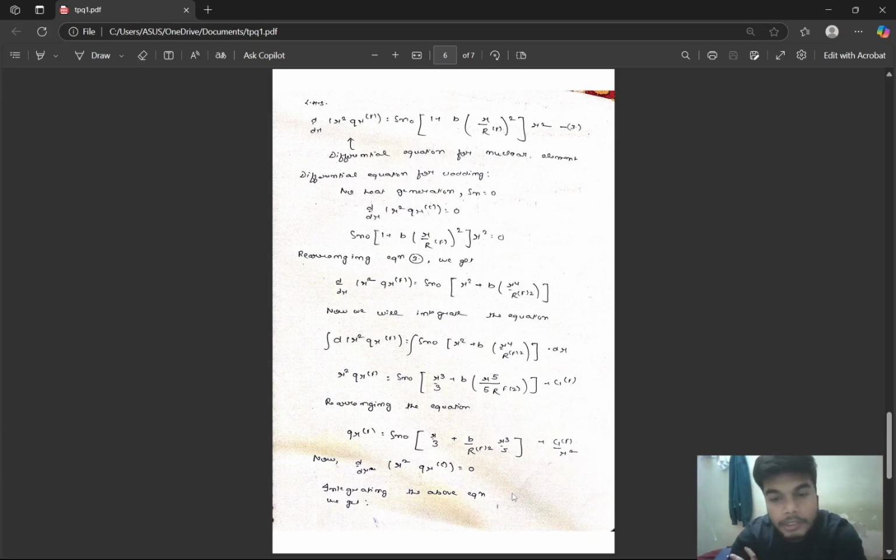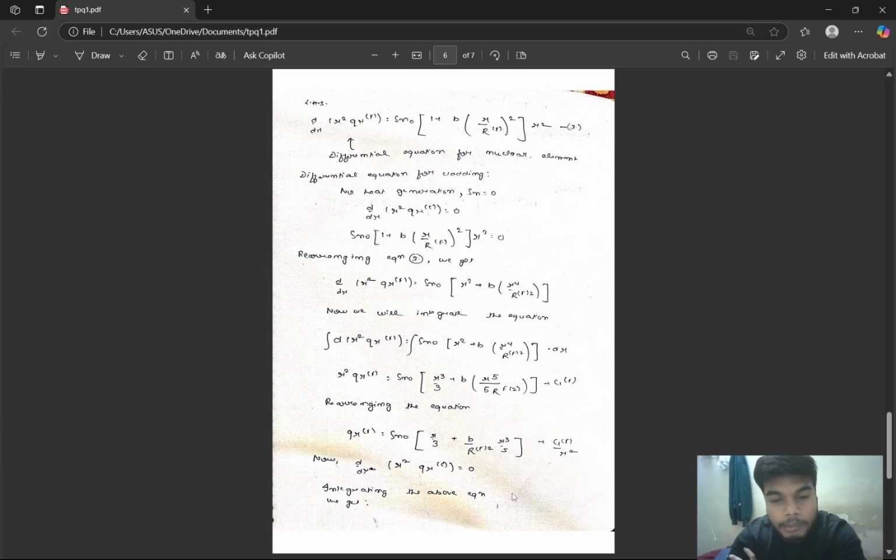Now after rearranging the equation, we get q_r of F equals S_n0 times r by 3 plus b over R_F squared times r cube by 5, plus C1 of F by r square. Basically, we divided the whole equation by r square.